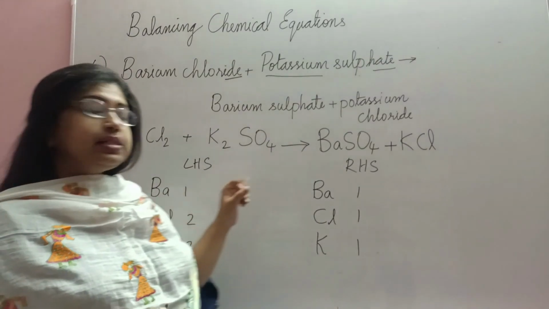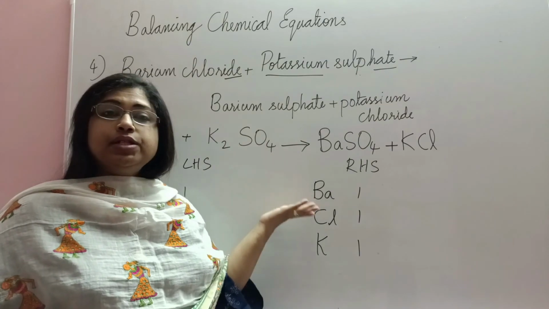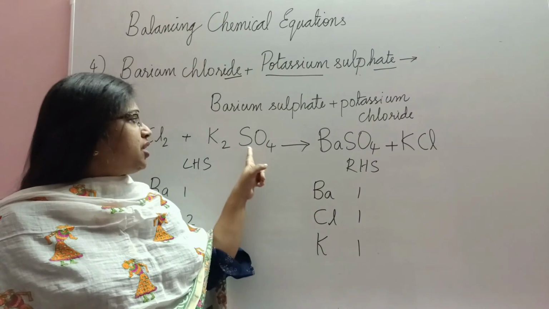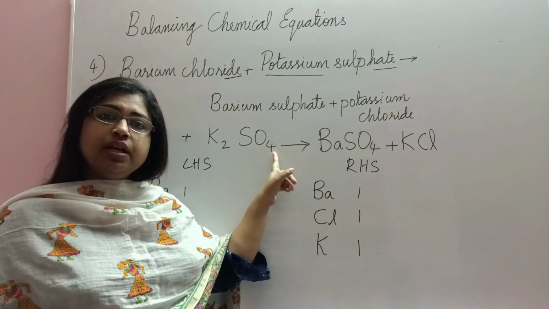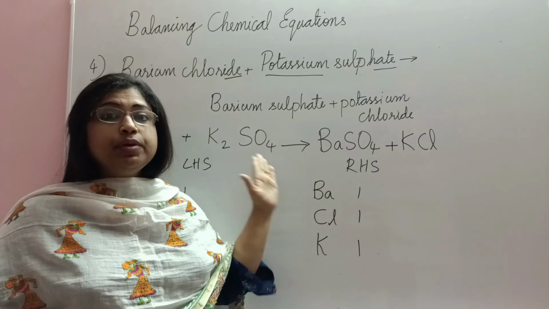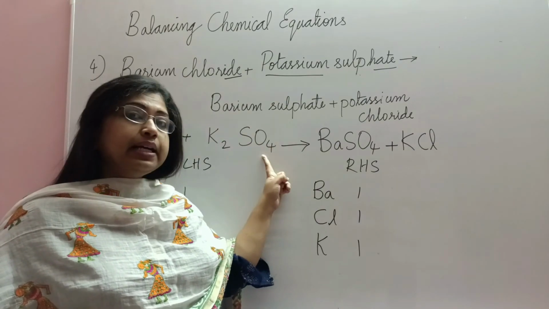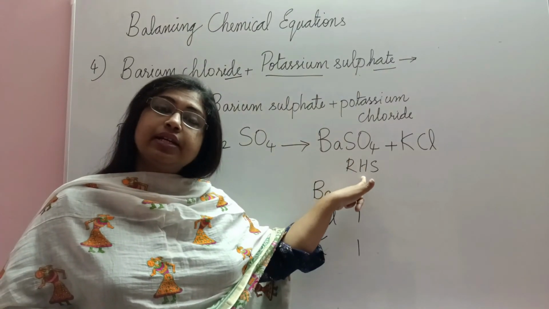Now, the next is the sulfate part. Children, there is an easy way to do this. Instead of counting how many sulfur and oxygen atoms are there, you can take it as a single unit. And this is possible only if the sulfate radical is present on the left hand side and the right hand side of the equation.